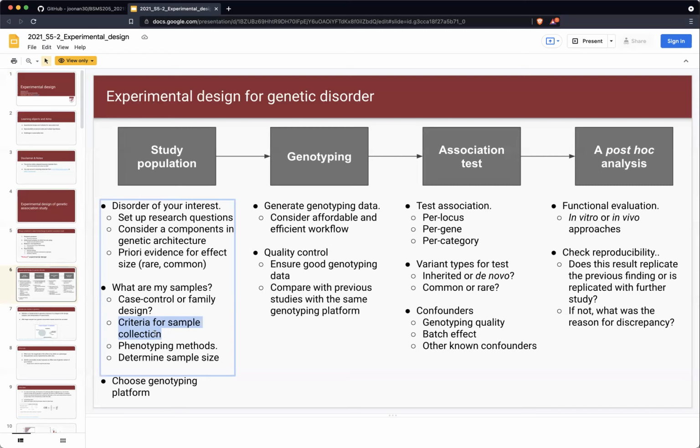For instance, if you are doing depression disorder research, then you have to make clear how to define depression, right?